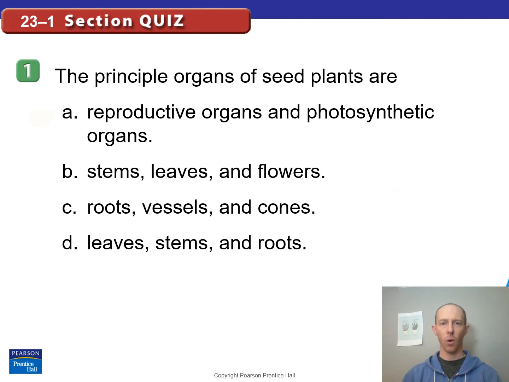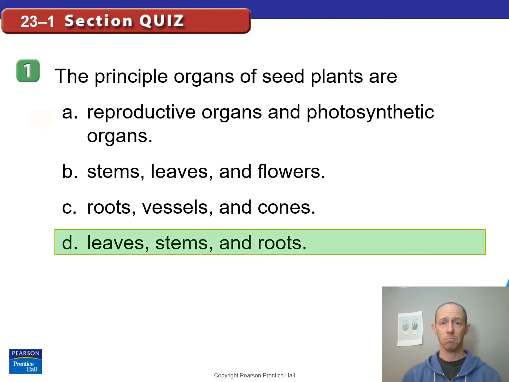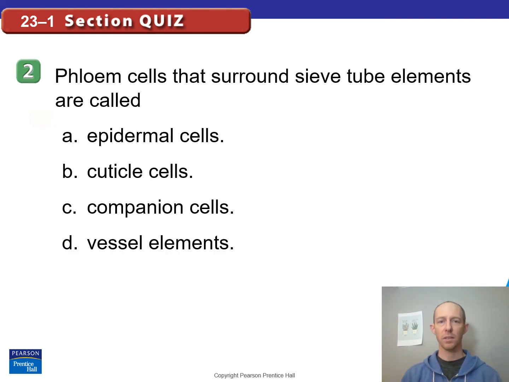All right, so what are the organs of seed plants? Root, stems, and leaves. Okay, so phloem cells that surround the sieve tube elements.